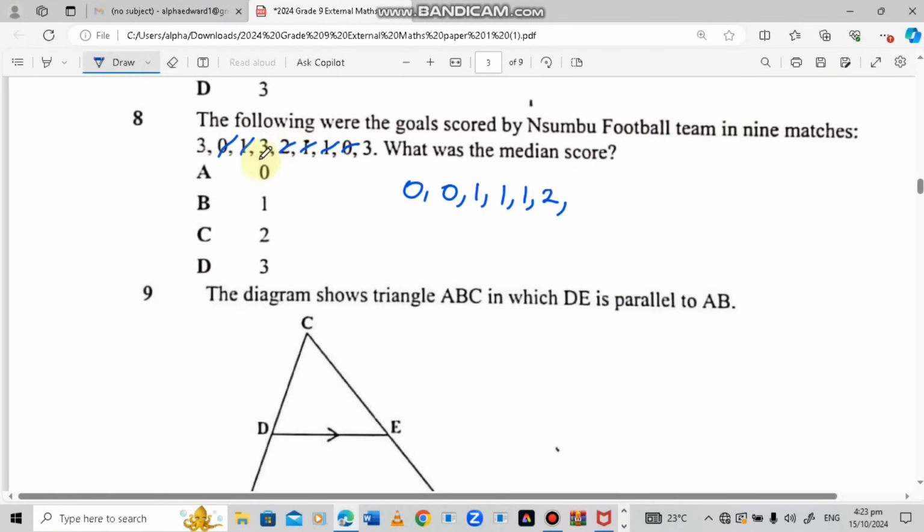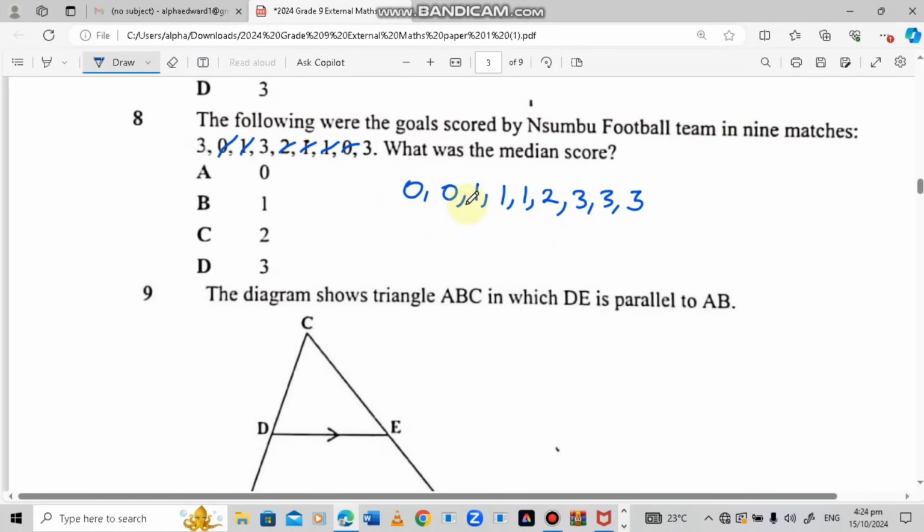And then how many 3s? We have 1, 2, 3. So make sure that there are 9. So we have 1, 2, 3, 4, 5, 6, 7, 8, 9.